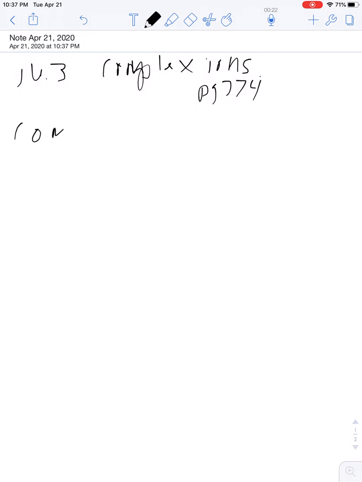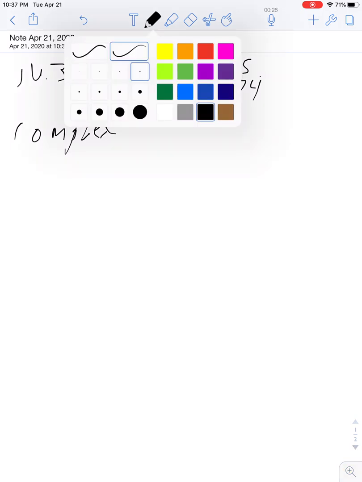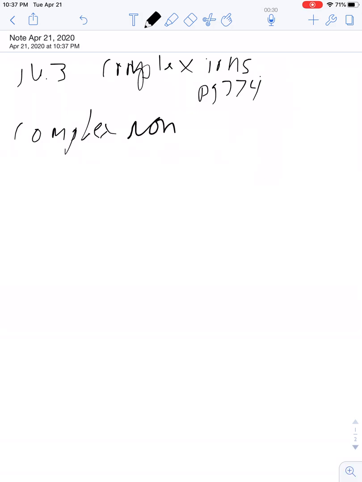So a complex ion is a charged species surrounded by a ligand.